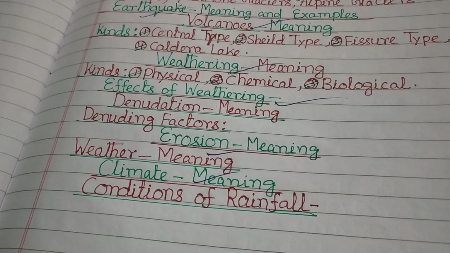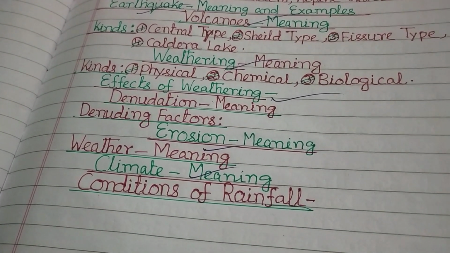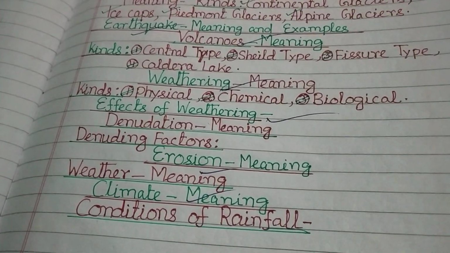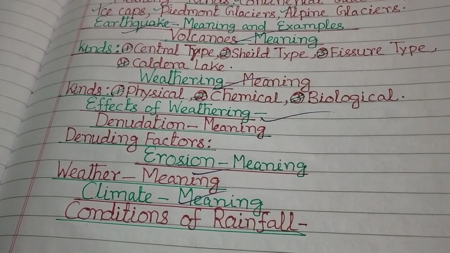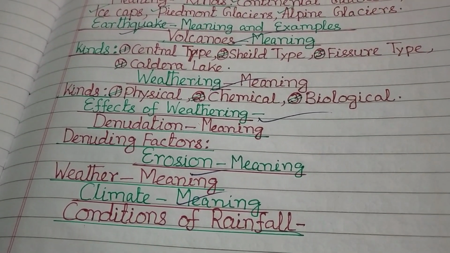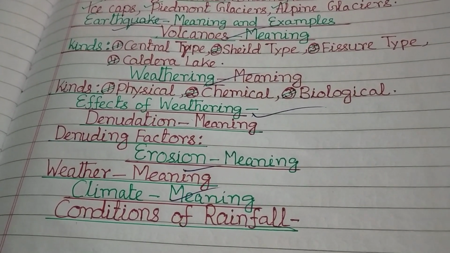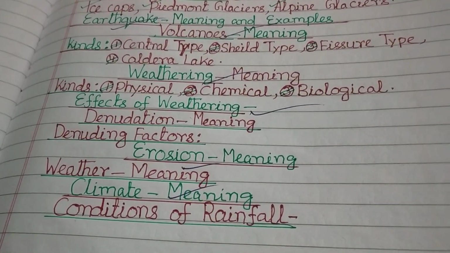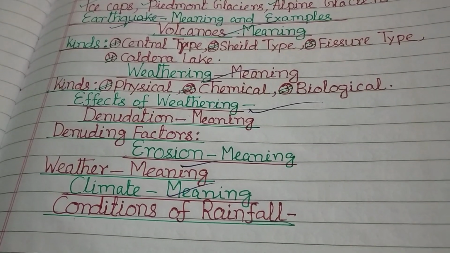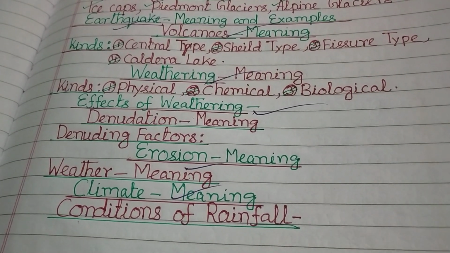Many activities of man, such as mining, quarrying, deforestation, and unscientific agricultural practices like shifting cultivation, etc., add to the weathering of rocks.